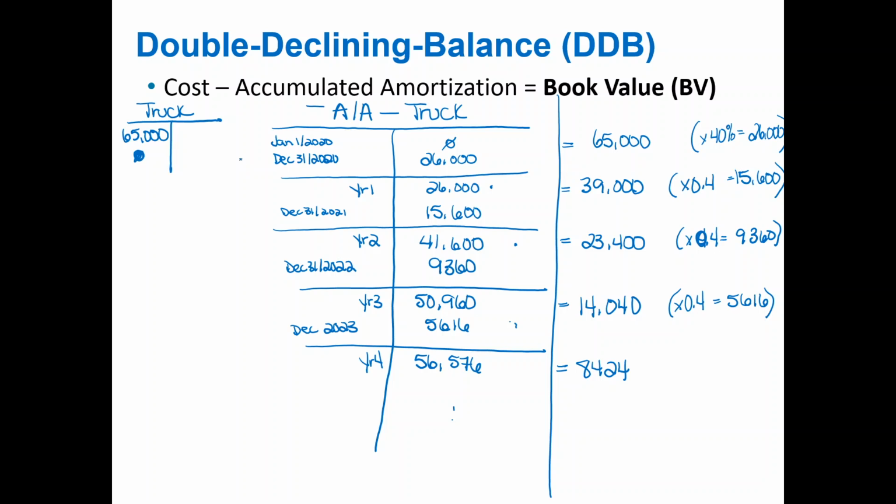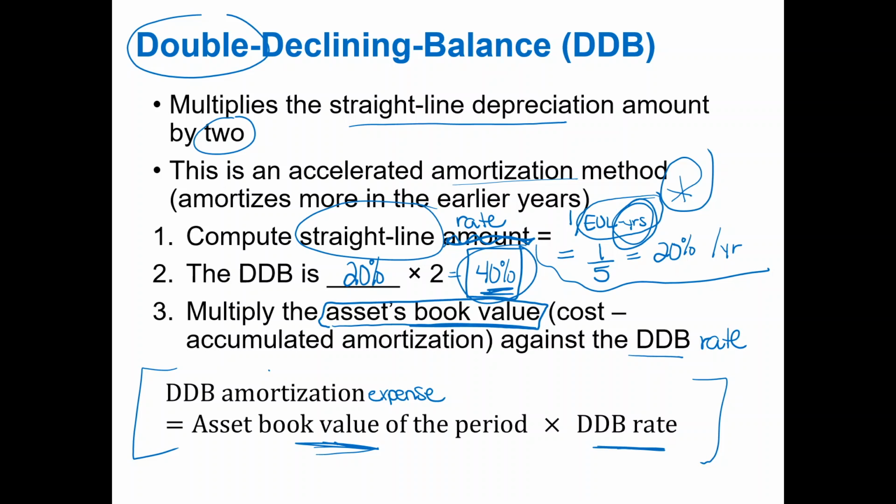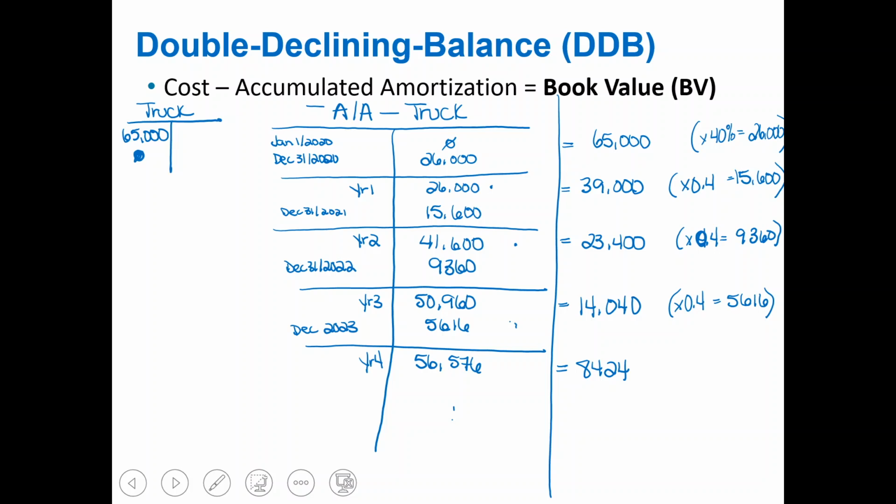I know just doing the math for these years isn't that hard. But under double declining balance, we're using our straight line rate and basing our amortization on the useful life in years. We think the truck is going to last 5 years. We're just upping the amortization so it's more at the start. But since we're basing this on years, when we get to the 5th year, we want our book value to equal the residual value.